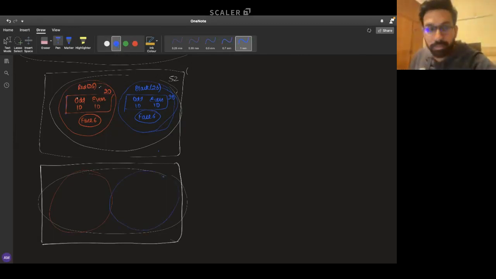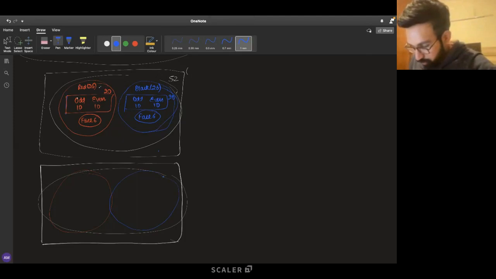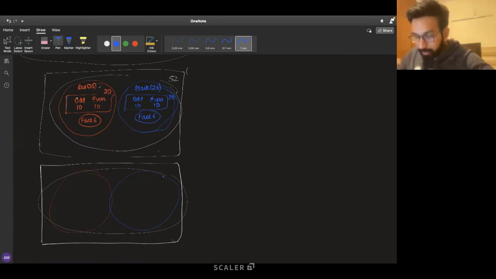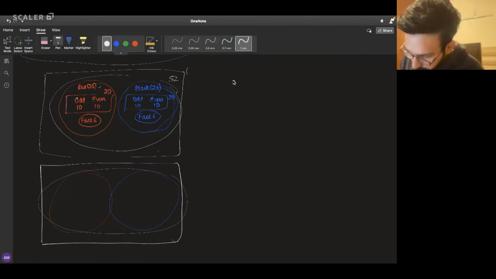Is my text visible, by the way? Yes. Okay. So actually, in the above diagram also, we can simply count the number of favorable outcomes and divide it by the total number of outcomes. So that will give us 20 by 40 as the overall probability. So the answer is 20 by 40, even numbers provided that no face cards are drawn.